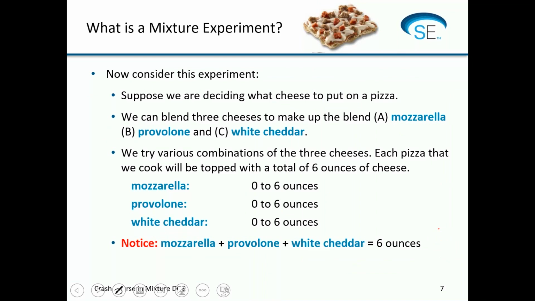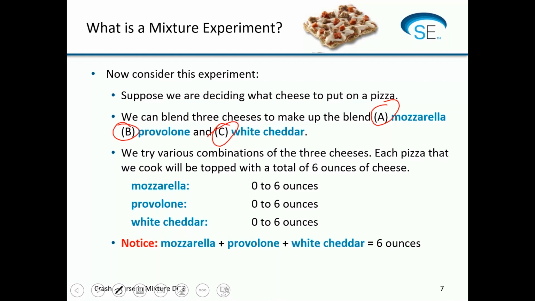Suppose we're deciding, to keep it in the food realm, what cheese to put on a pizza. We can mix 3 cheeses to make up the blend. We can put in mozzarella, provolone, or white cheddar, or just one of them, or some combination of them.